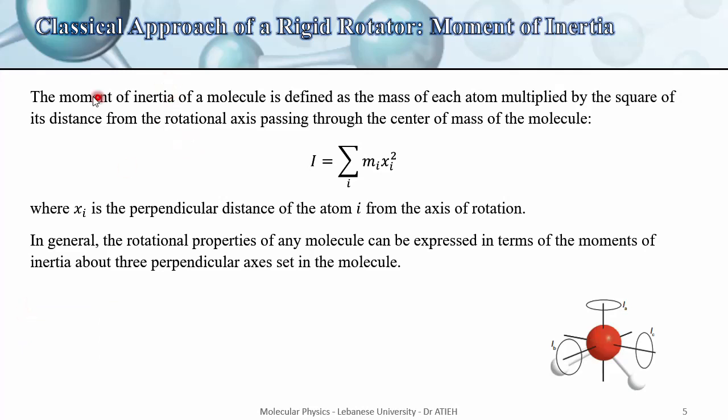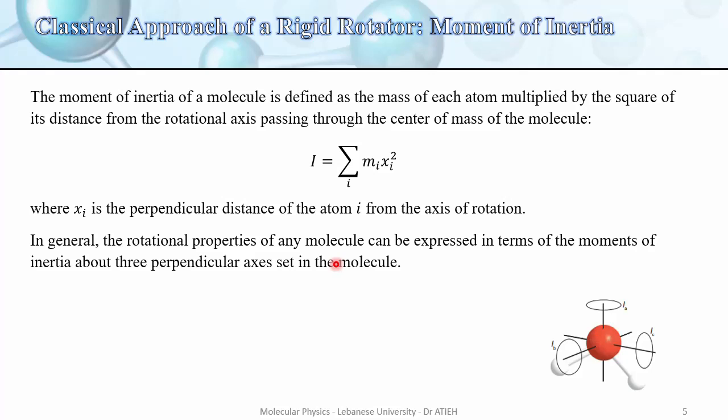So let's start with the classical approach of a rigid rotor. In this approach, we are going to deal with rotation classically. The molecule is considered to be rigid. The distance between atoms or nuclei is considered to be constant all the time, and the molecule is rotating about an axis passing through its center of mass.